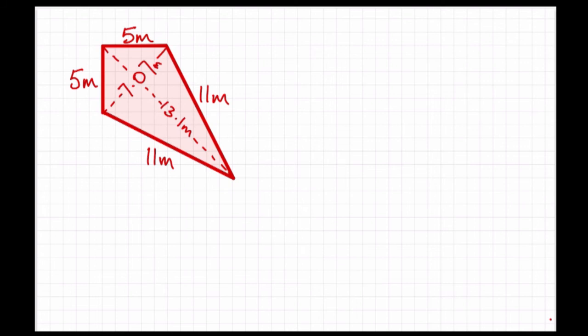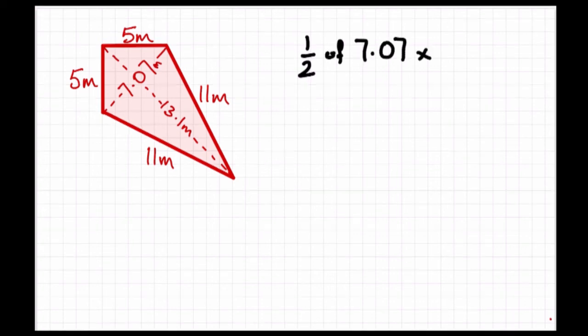So here we go. We have got the width is 7.07, so we want a half of 7.07 multiplied by the height of the kite, which is the other dotted line. That will be 13.1.